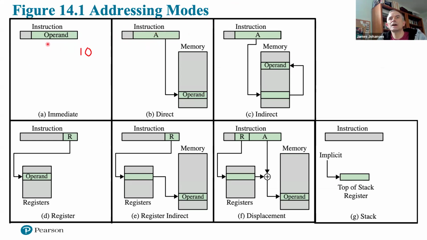Here we have an immediate, so we have a value like that. Here we can show a direct, and a value here is pointing to a location in memory. Then we can have indirect, and the location in here points to a place in memory that then shows you the value that's supposed to go into that.